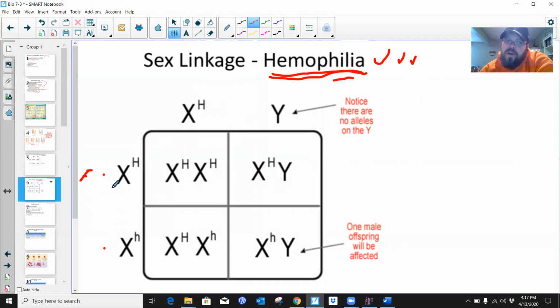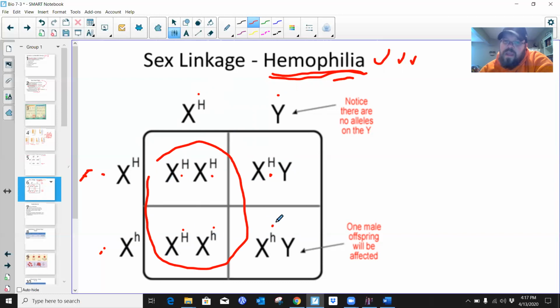Mom is a carrier for hemophilia, right? Dad on this side does not have hemophilia. So the two outcomes on the female side, right? Female, we could have over here, doesn't have it, normal copies, or is a carrier for it, okay? Again, on the male side here, they're going to either not have it or have it.